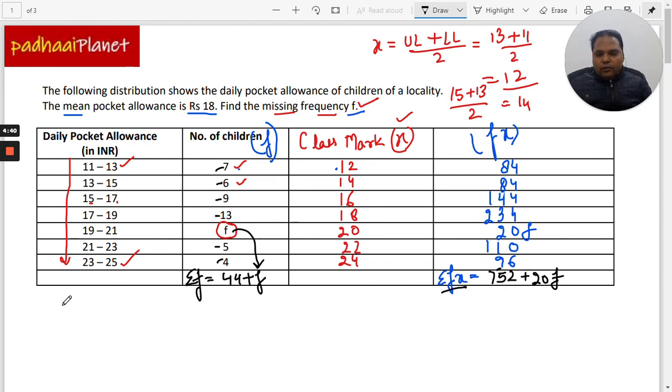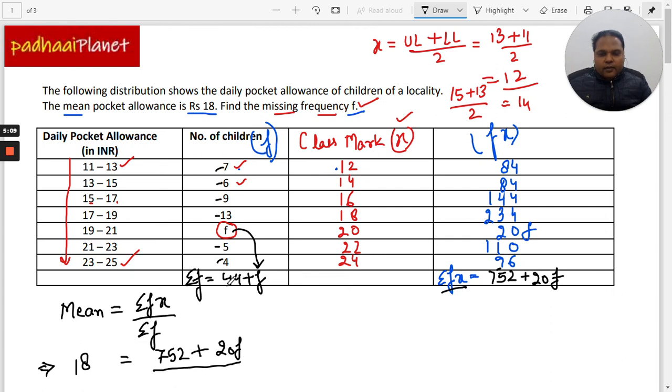Now we already know that the mean of any data is equal to sigma fx over sigma f. It is already given that the mean here is 18, so we can write 18 is equal to sigma fx, that is 752 plus 20f, divided by sigma f, so 44 plus f.